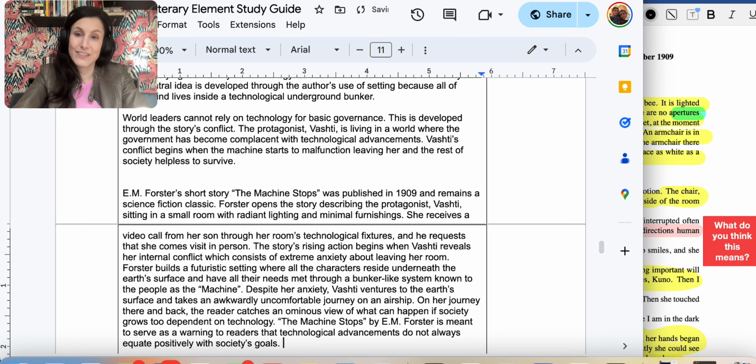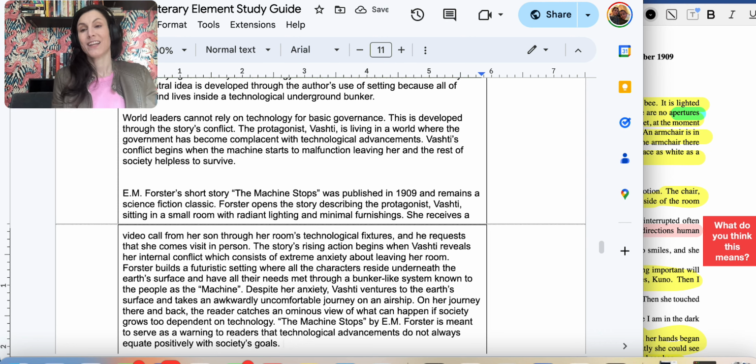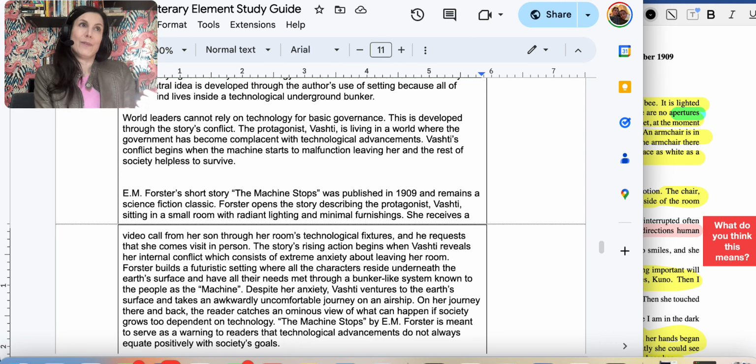And society's goals would be thriving, healthy relationships, healthy food, people feeling fulfilled, people being able to explore nature, people having free will, not being assigned a mate, all of these things.